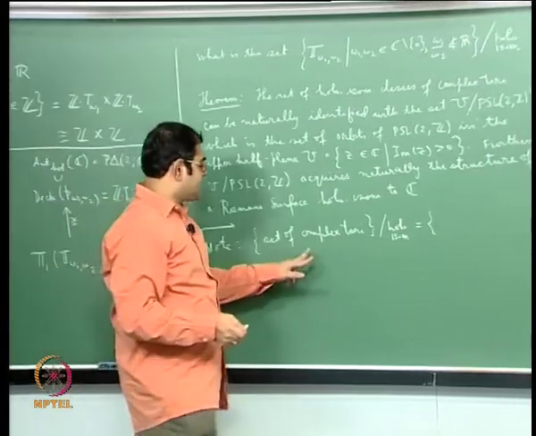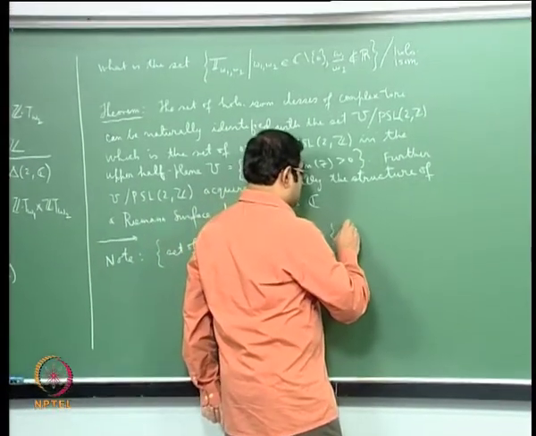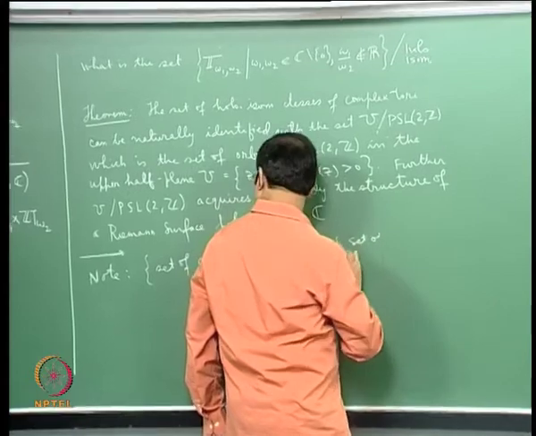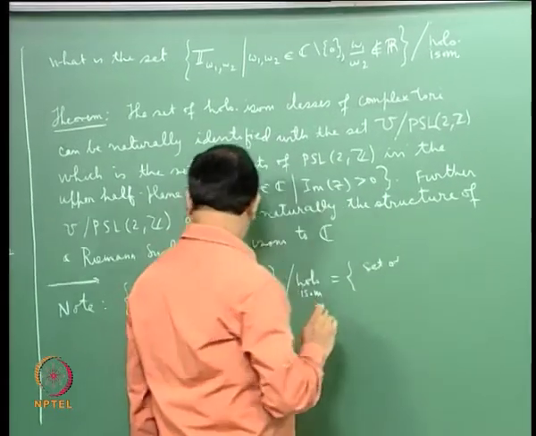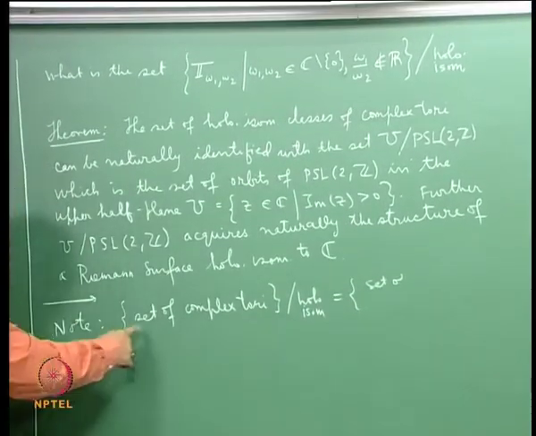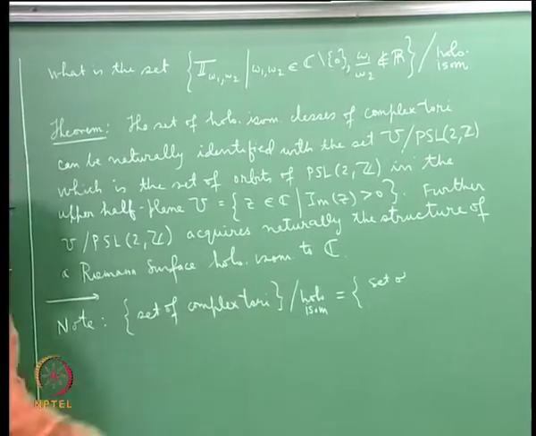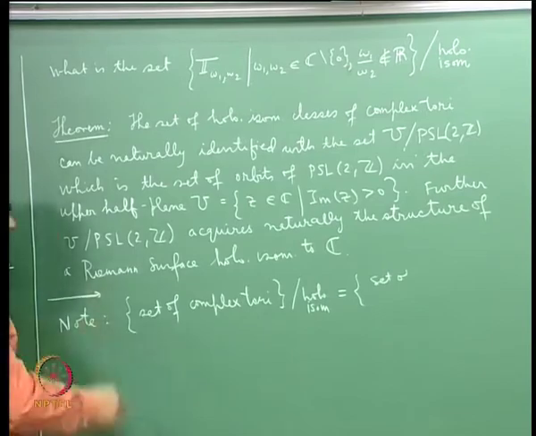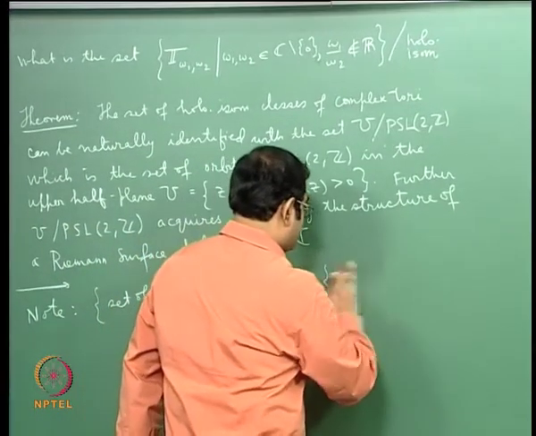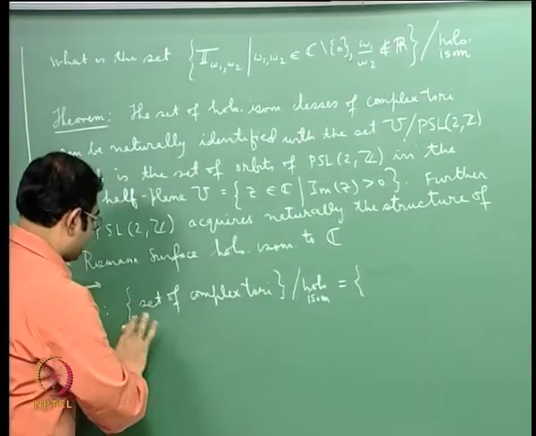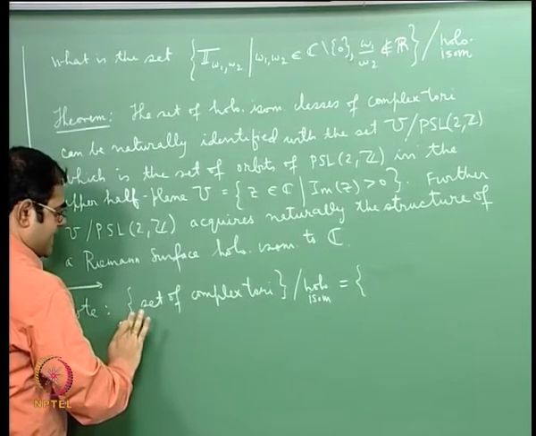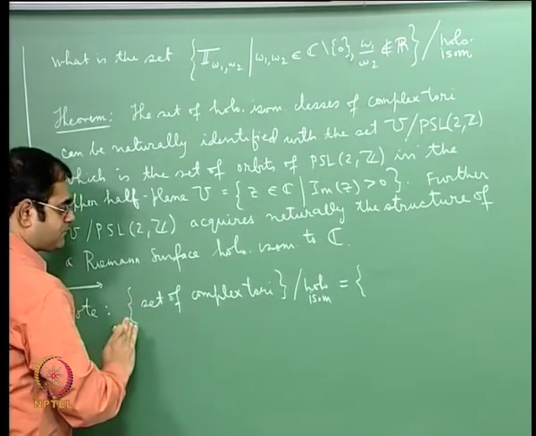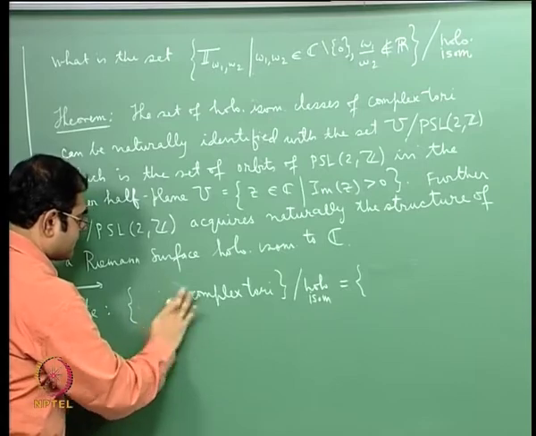So I can just write this also as a set of, well, I should not be too pedantic about this. Let me just say, I hope it is all right. So let me rub this off.